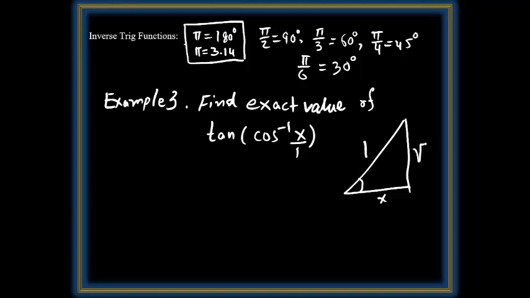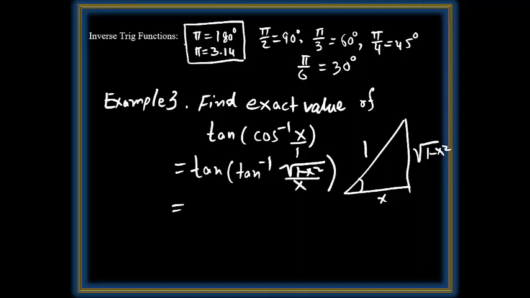Using Pythagorean, you will find the opposite side is square root of 1 minus x squared. So then the equivalent form will be tan of tan inverse, where tan is opposite over adjacent. So it will be square root of 1 minus x squared over x. Now tangent and tan inverse will cancel out. So the answer is square root of 1 minus x squared over x. You are done.